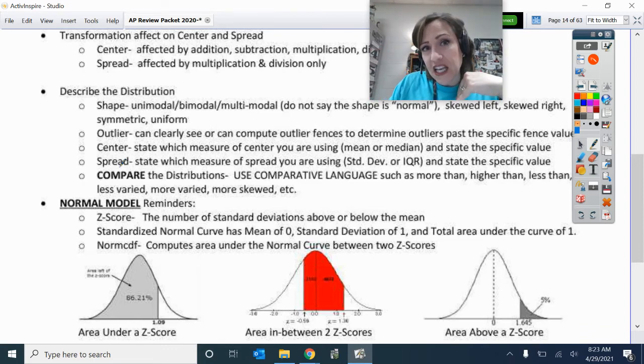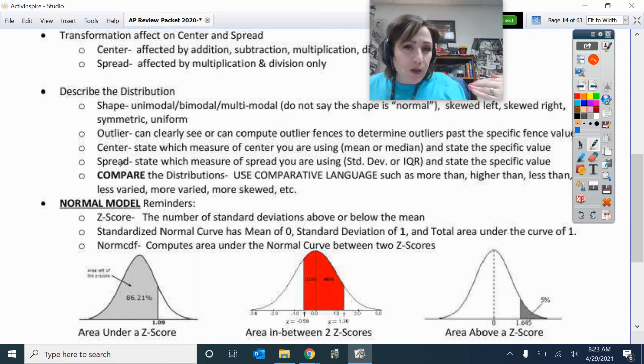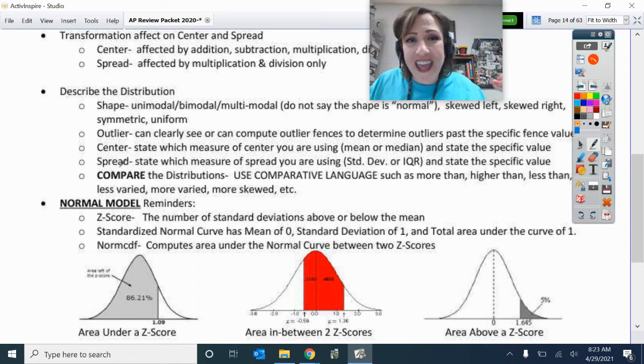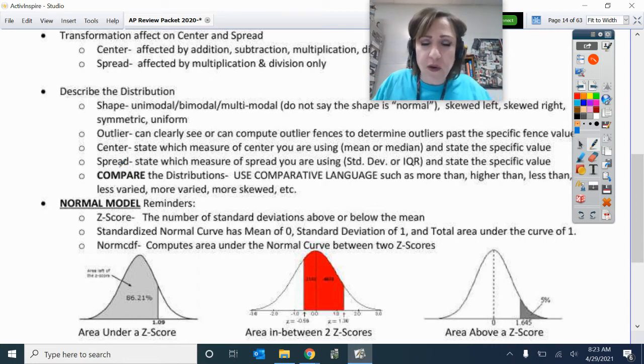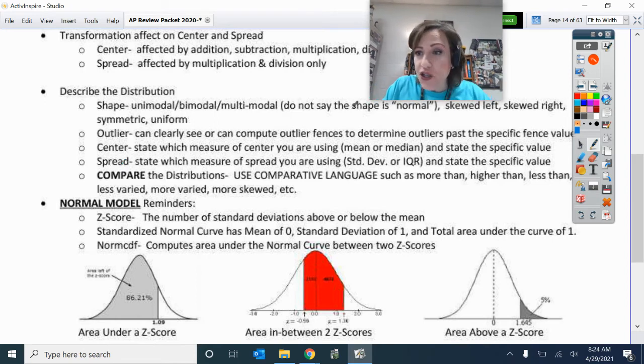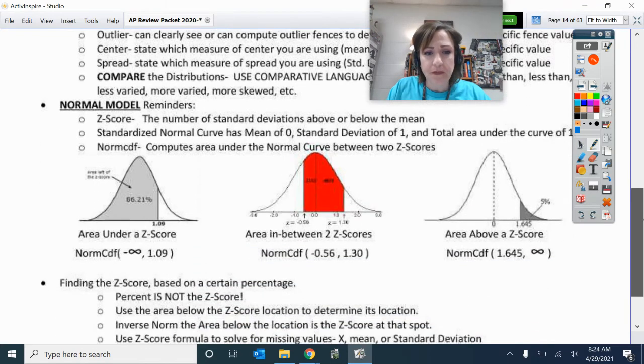This one's center is higher than this one's center. Higher than, lower than, because the mean of this one is blank and the mean of this one is blank. I used comparative language and I used specific numbers. Okay, comparing the distributions, make sure you compare. Don't just list these separate things.